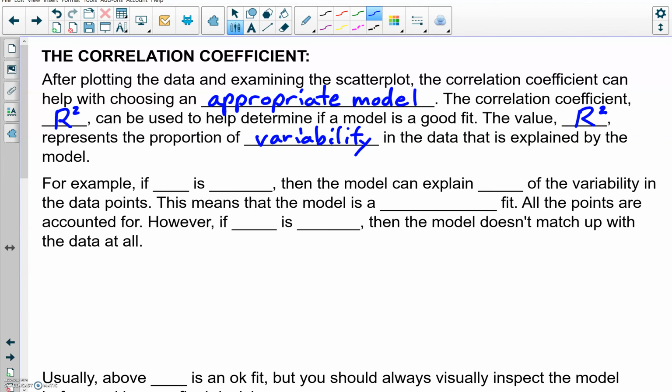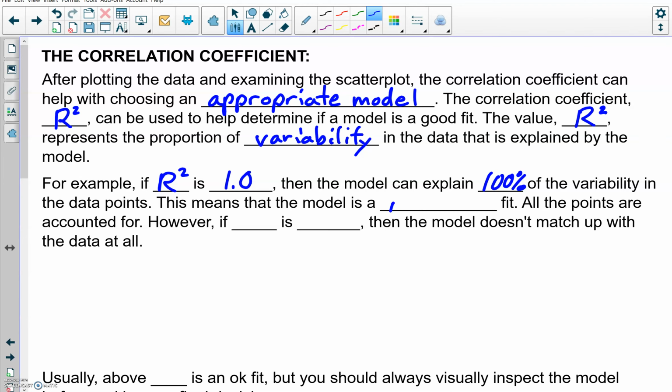So, for example, if r squared is 1.0, the highest value you can get for this correlation coefficient, then the model can explain 100% of the variability. And basically what you would see is that the model will go through every data point perfectly. Nothing is left out. It goes through it perfectly.